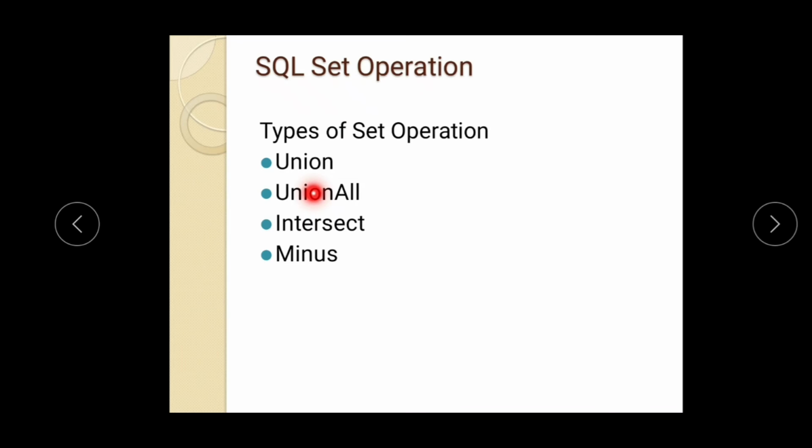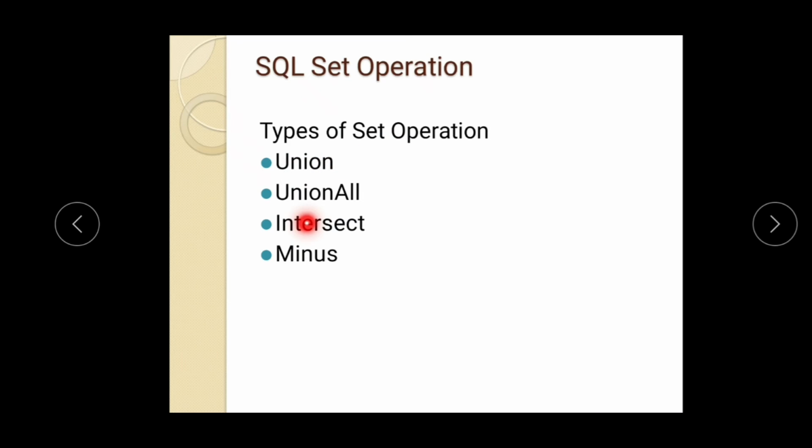Next we are going to see SQL set operations. There are 4 types of set operations: union, union all, intersect and minus. These operations are performed on multiple tables, or 2 tables. Suppose you want to combine the values of 2 tables, we can use union.